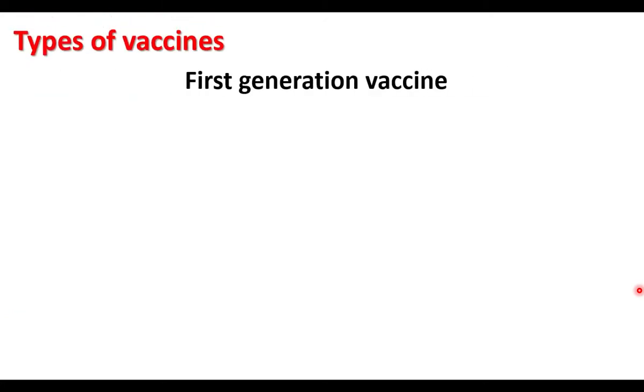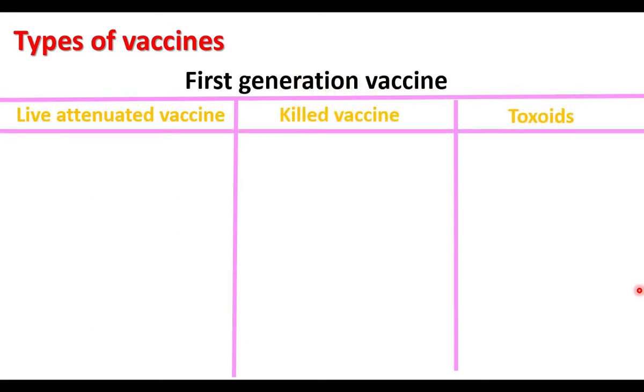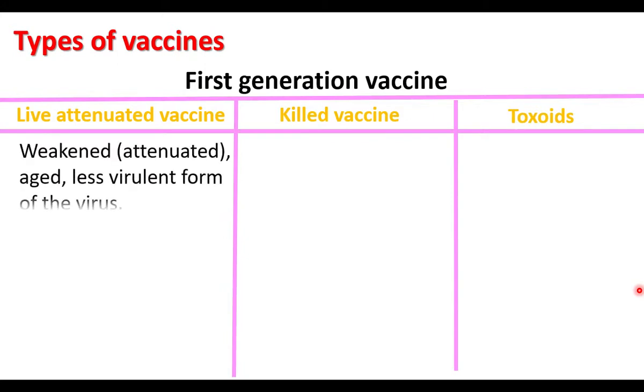Based on the nature of the preparation, there are 3 generations of vaccines. The first generation vaccine is a traditional type. It includes live attenuated vaccine, killed vaccine, and toxoids. Weakened, attenuated, aged, less virulent forms of the viruses are used in attenuated vaccines.